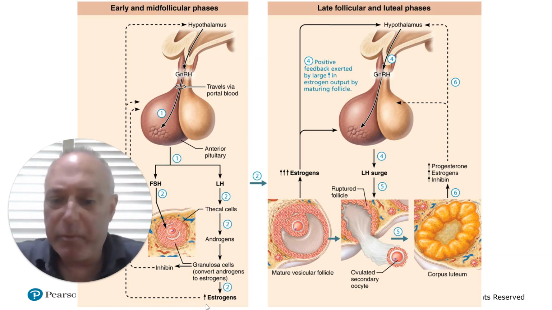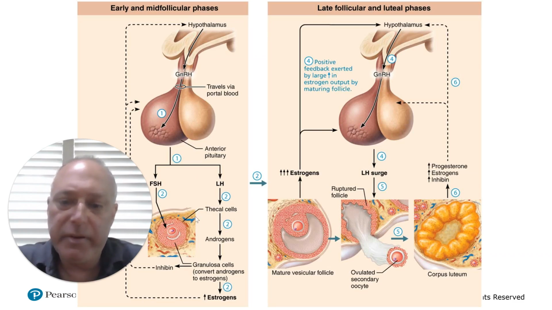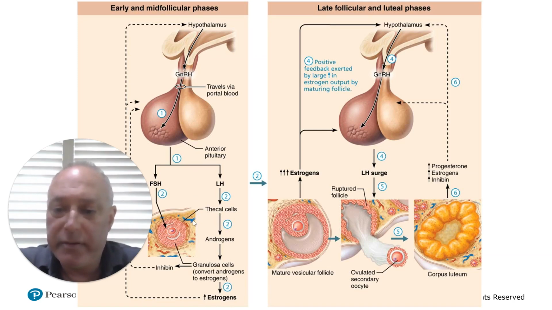The enzyme responsible for that is called aromatase, and this happens in the thecal cells in response to luteinizing hormone. LH acts on the thecal cells to release androgens, which are then converted to estrogens by aromatase. This is called the follicular phase, where the follicle is the main area of interest. Then there is an LH surge.